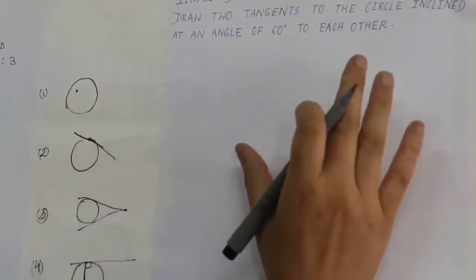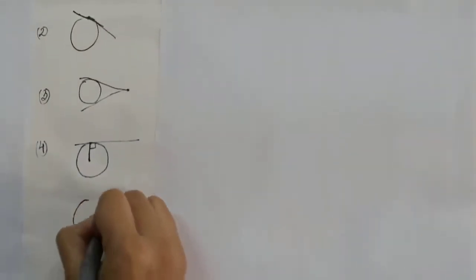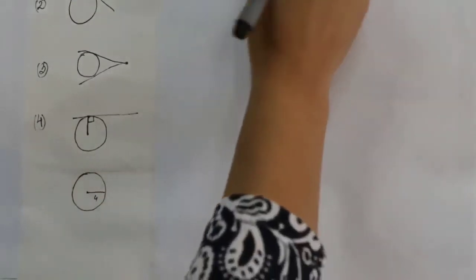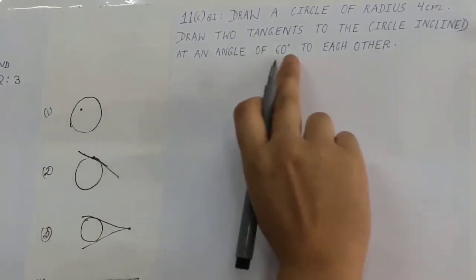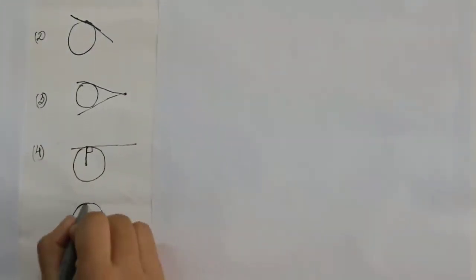Let me draw a rough sketch of this one here. Suppose this is a circle of radius 4, we have to draw those two tangents which are inclined at an angle 60 degrees to each other. Suppose I draw a tangent from this point outside of it.